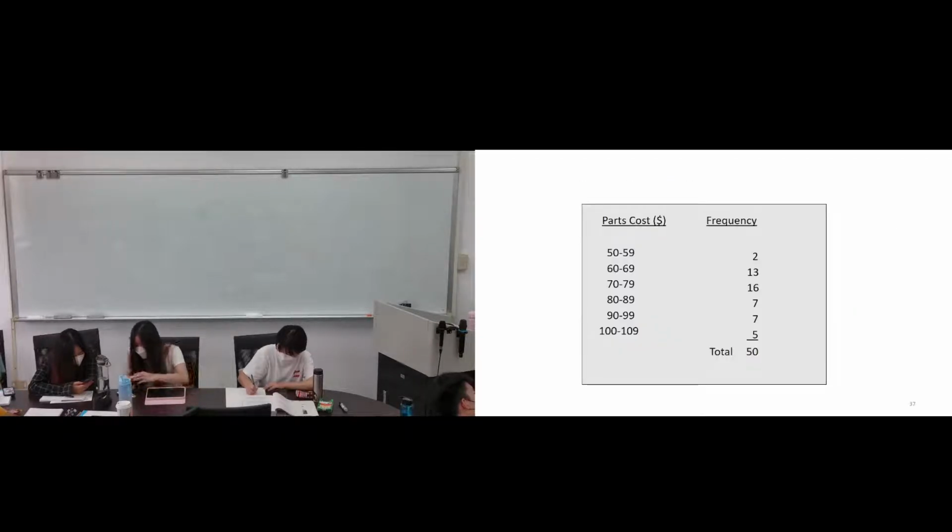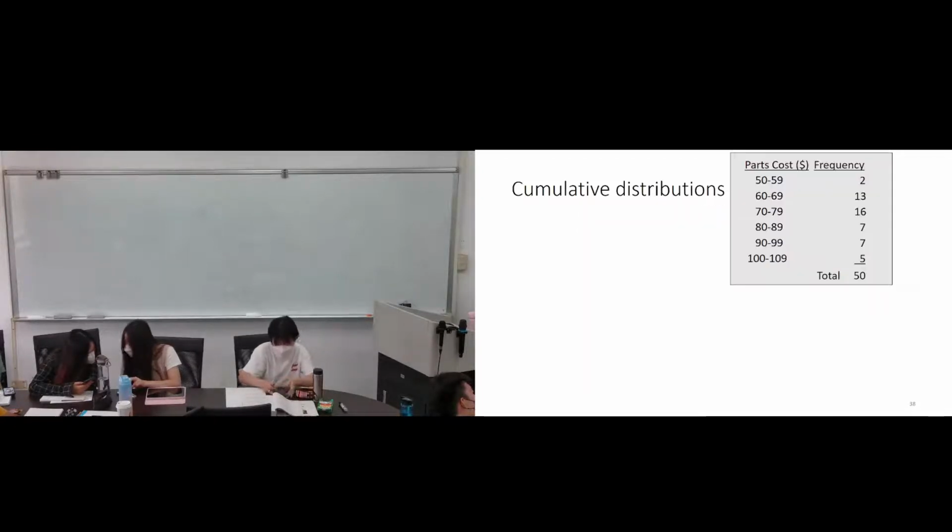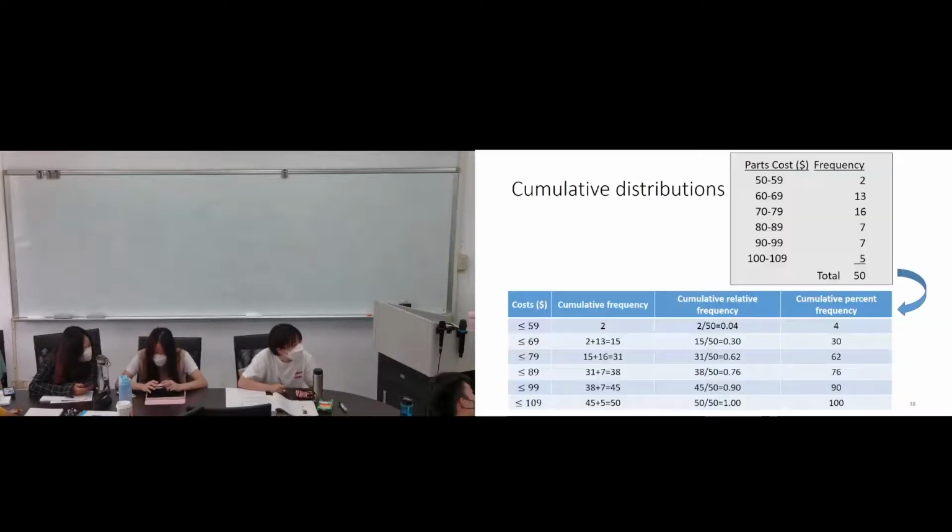This is the tune-up cost for Hudson Auto. From this table, if we would like to construct columns describing the cumulative frequency, cumulative relative frequency, and cumulative percent frequency, the first column should just be the upper limit for each class.